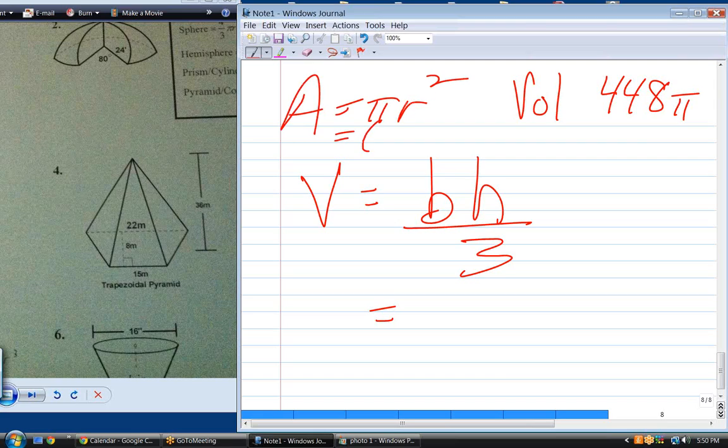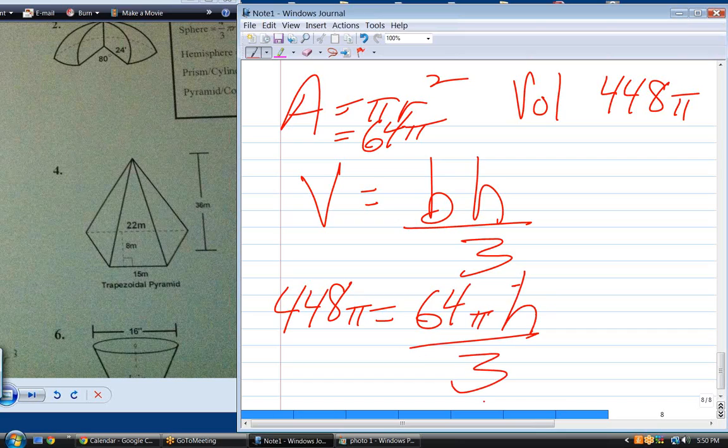So the area is going to be 64 pi. So the volume, which is 448 pi, equals the area of the base, which is 64 pi, times h divided by 3, and I assume they want to know what h is.